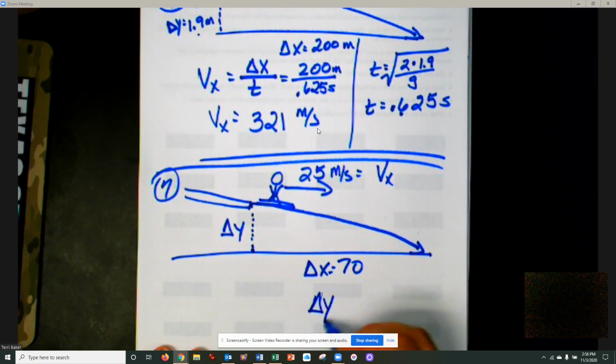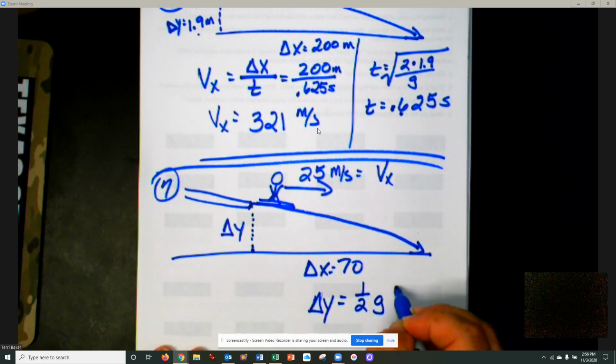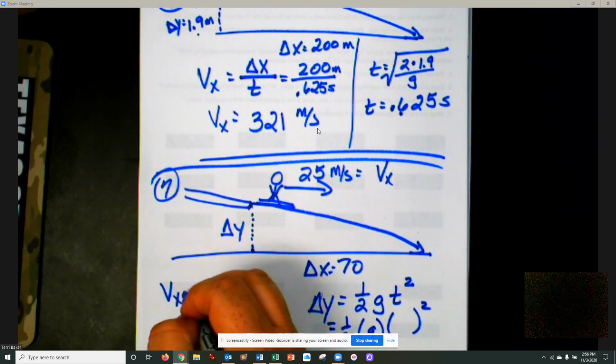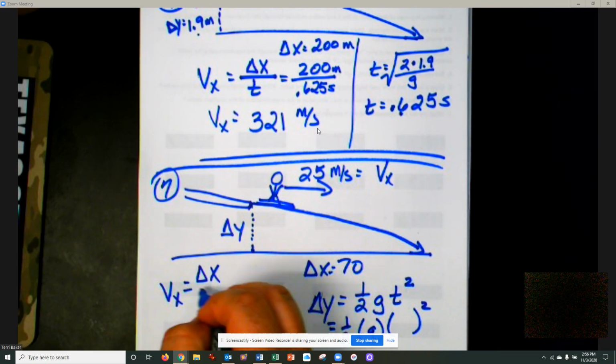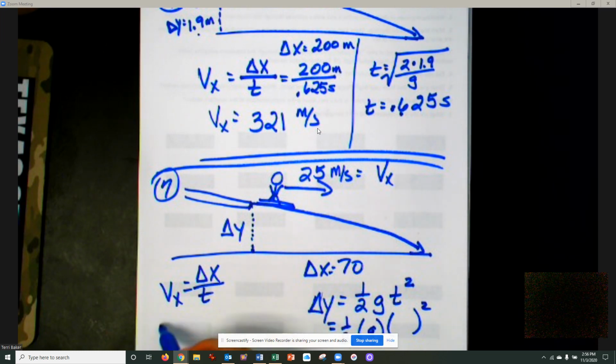So delta y is going to be 1/2 g t squared. This is back from when we did the free fall chapter. 1/2 g is 9.81 times time squared, but we don't know time, but we can figure out what time is. Vx is horizontal displacement divided by time.